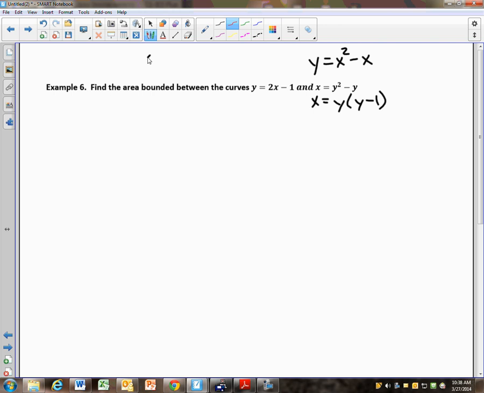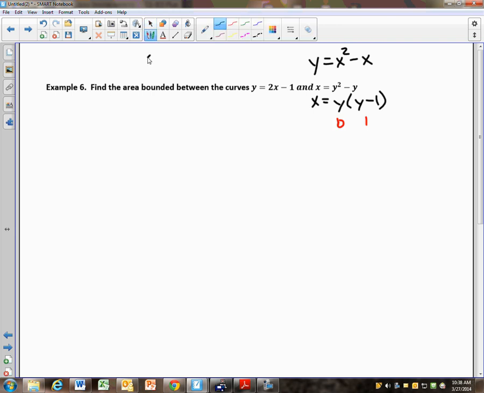Alright, so I figured out instead of the x-intercepts, now I figure out the y-intercepts. So we got 0 and we got 1. If it's positive, does it go to the right or the left? It goes to the right. So we can graph this. This is no big deal.